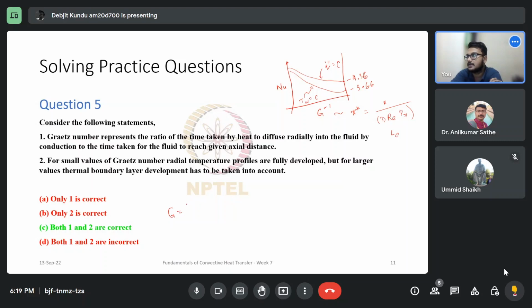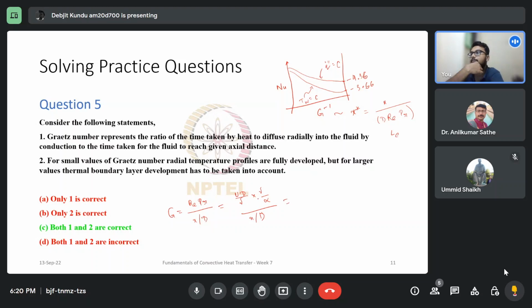So we will write this down once again: Reynolds number times Prandtl number divided by x by D. Reynolds number we can write as U times some length scale divided by nu, and Prandtl number we can write as nu by alpha, and we have x by D over here.